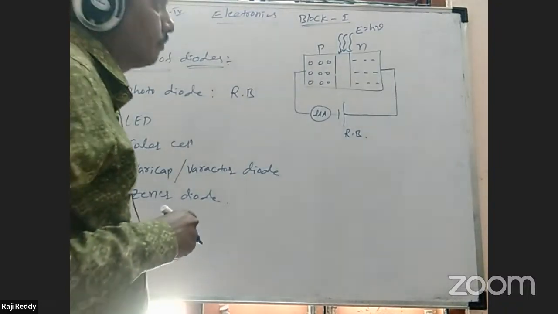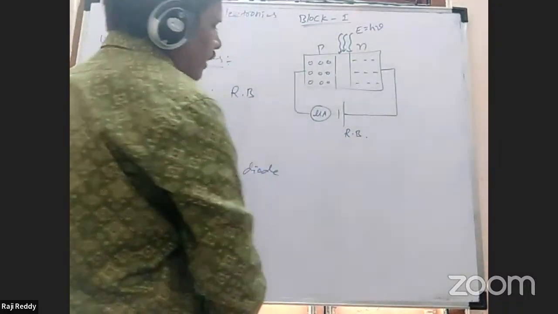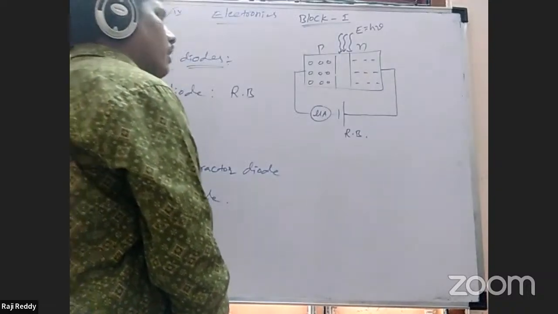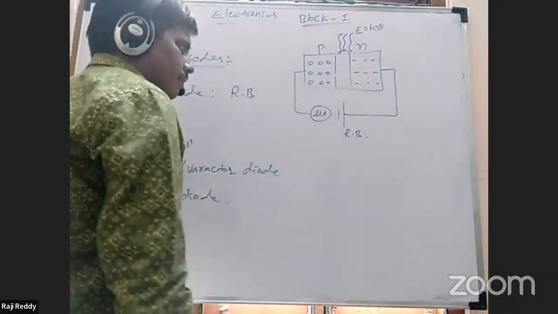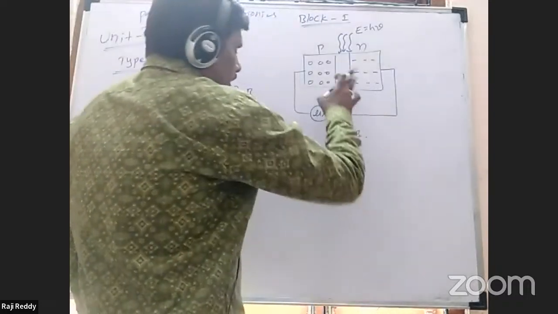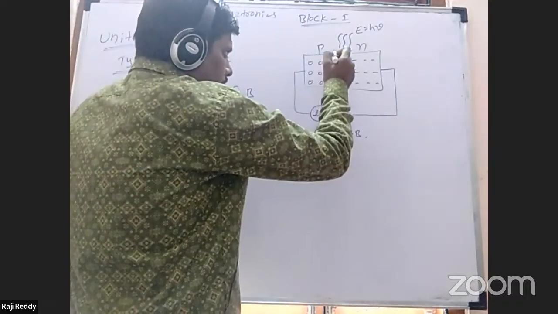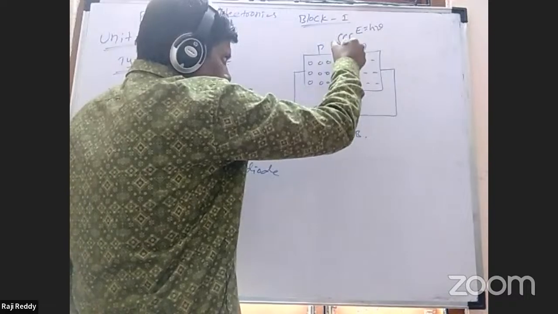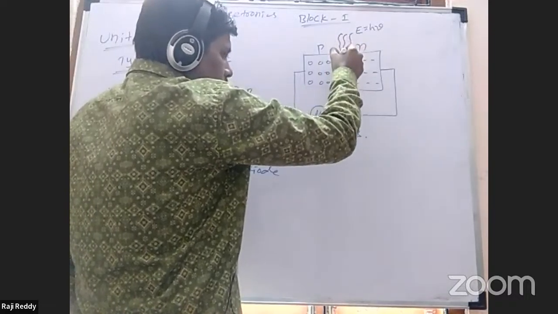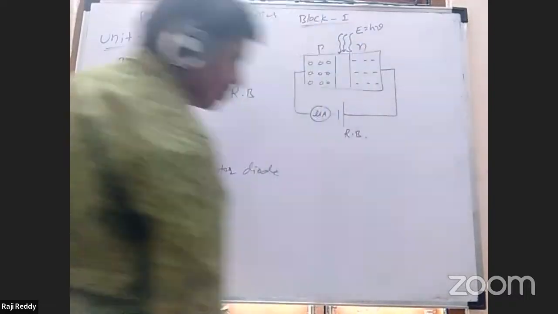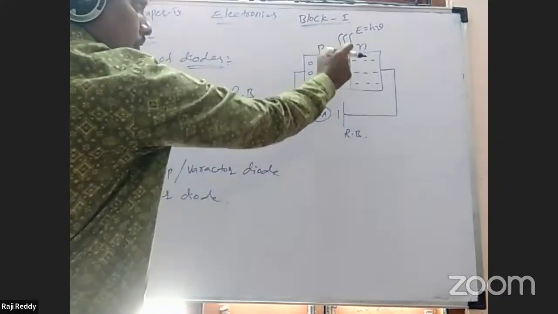In terms of wavelength, you can write it as E equals hc by lambda also. When light is incident, negative charge carriers increase here.